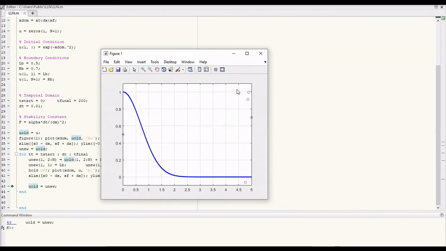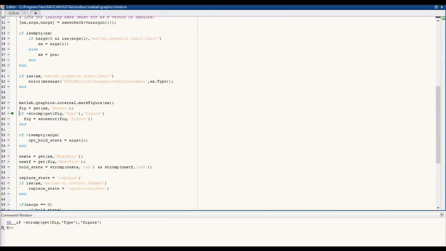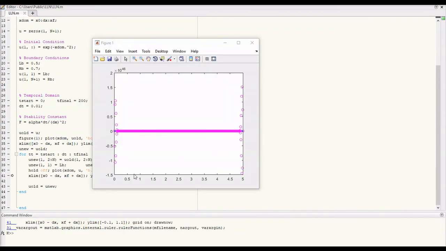If you look at the code, there are points that are coming up in this illustration, but there's a particular point where it goes crazy, and I'm trying to stop it at that point. Alright, here we have a graph where these values grow unbounded. This is tied to the instability of the finite difference method if this number f is too big.